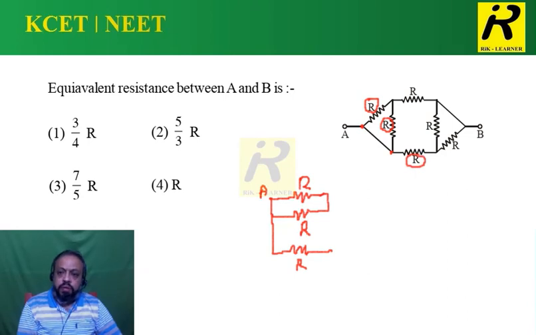Now when you see from this side, it is just the mirror reflection of the same. See, this point and this point are at the same potential, and again 3 resistors are ejected from the same point. So one resistor is here, right?